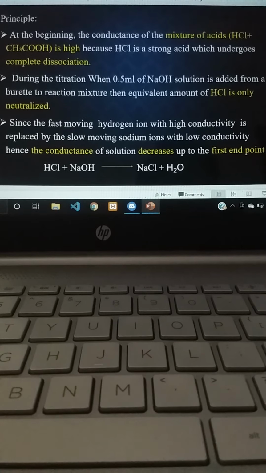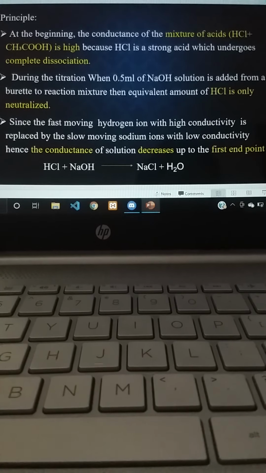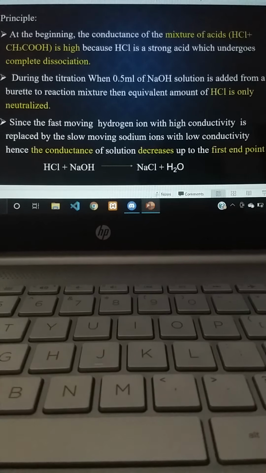This mixture is also called the analyte and sodium hydroxide is called the titrant. When the titrant is added to the mixture of acids, it first reacts with the strong acid, hydrochloric acid, rather than acetic acid, because acetic acid is a weak acid. It does not dissociate immediately, so the conductance comes only from the HCl ions.